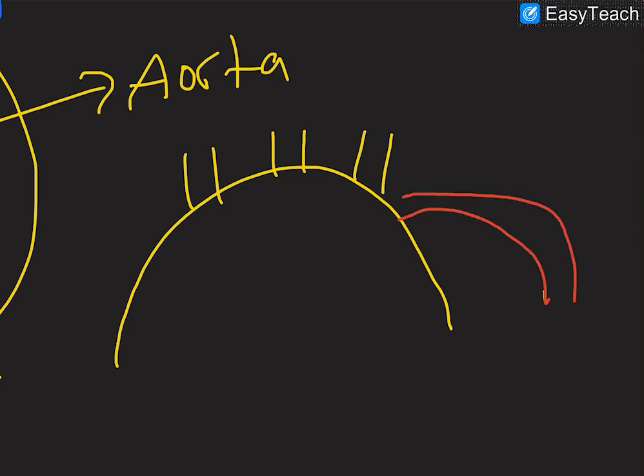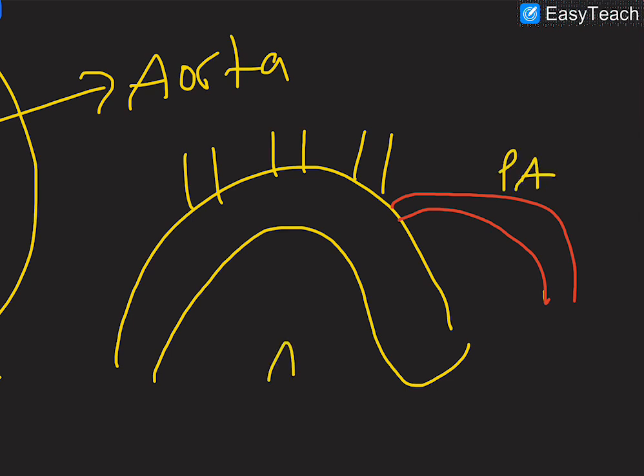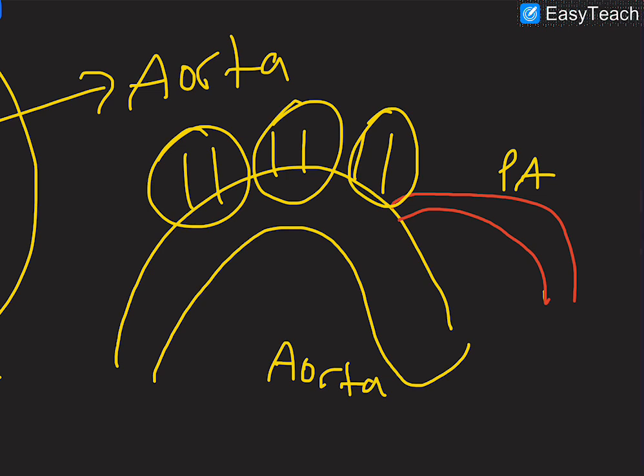There's an opening between the aorta and the pulmonary circulation, the pulmonary artery specifically. This is our aorta, and this is our brachiocephalic trunk, left common carotid, left subclavian. So after the left subclavian is the opening of the ductus arteriosus, where blood that gets pumped into the aorta can cross over and enter the pulmonary artery.